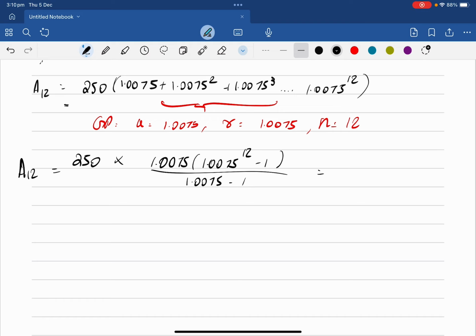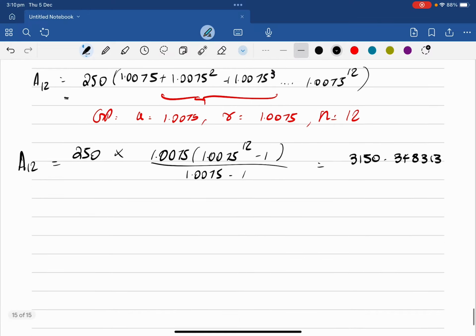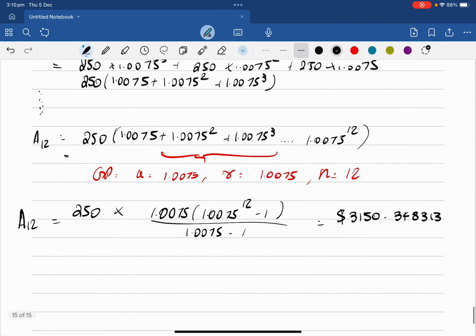Okay, nice. So this amount is going to be 3150.348313 dollars. That is at the end of the first year.